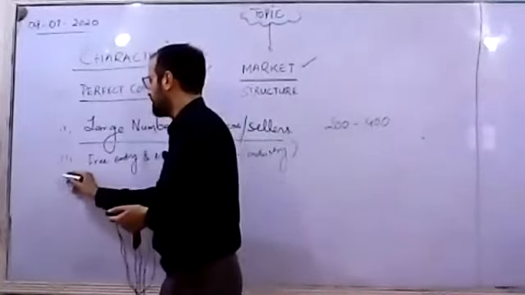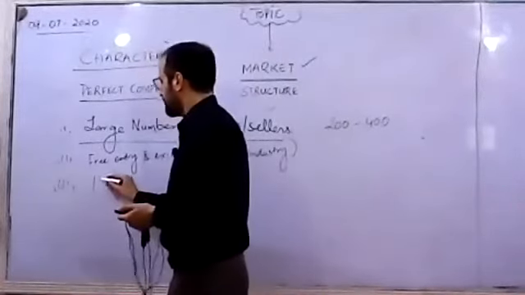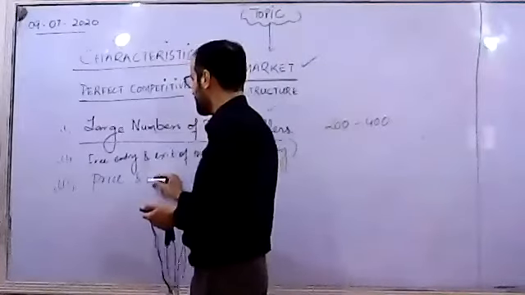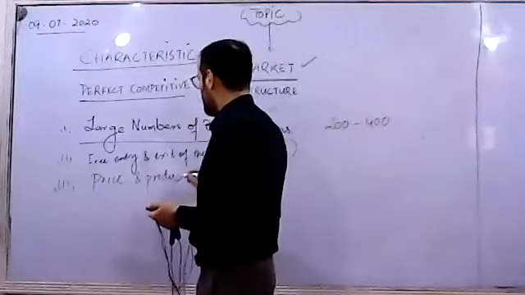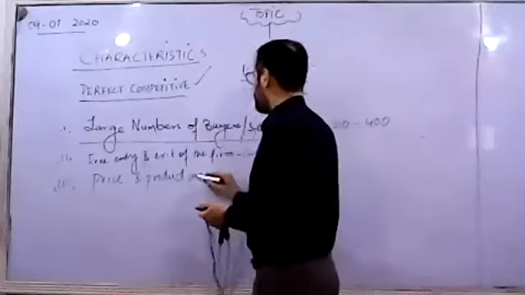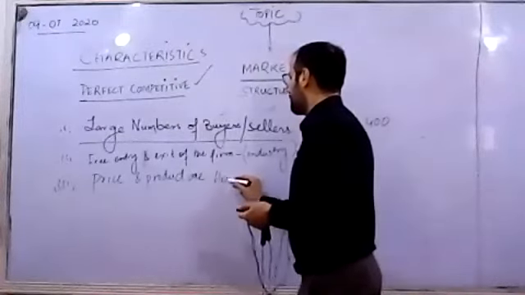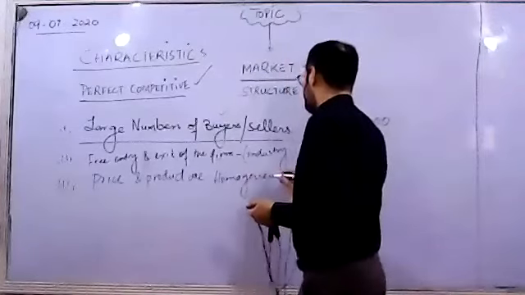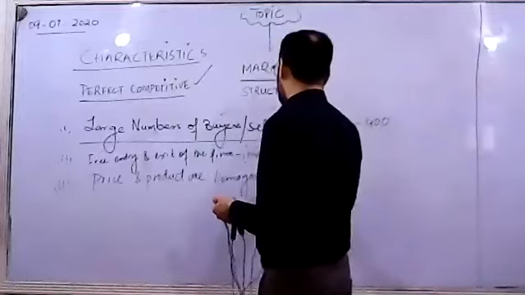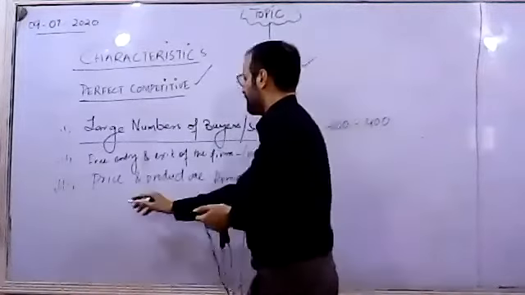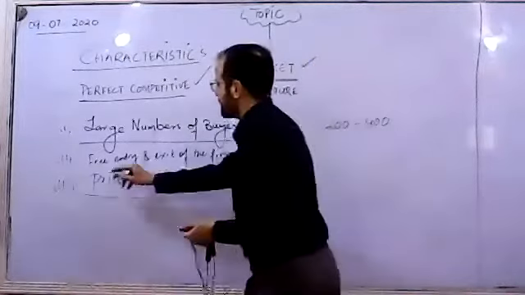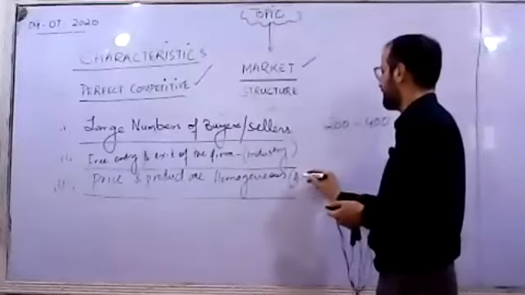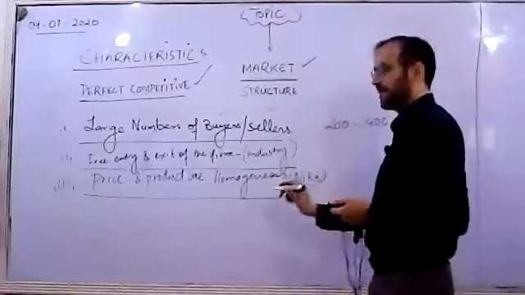Number three, which is very interesting, is that the prices and the product are homogeneous. Homogeneous means something alike, the same.